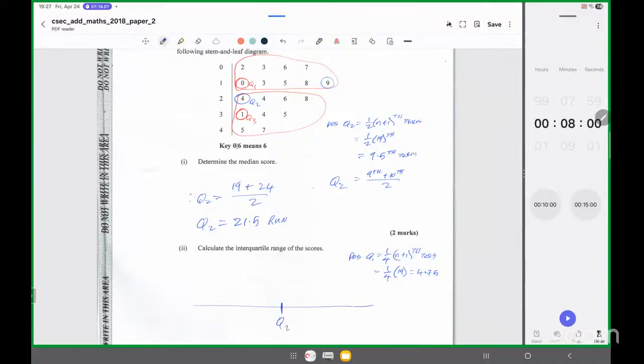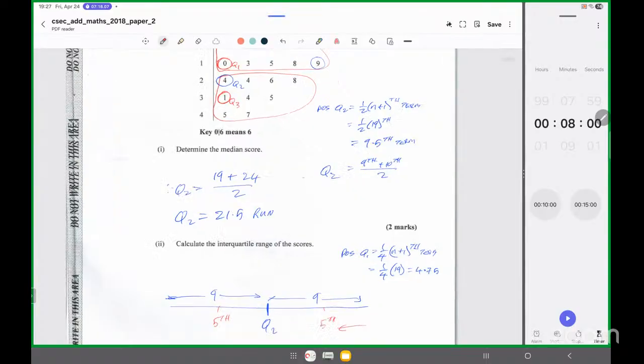So we have 9 values up here, and we have 9 values down here. So the middle of this one is the fifth value. And then this now is the fifth value from the back. Fifth value this way. So the calculation is not matching.